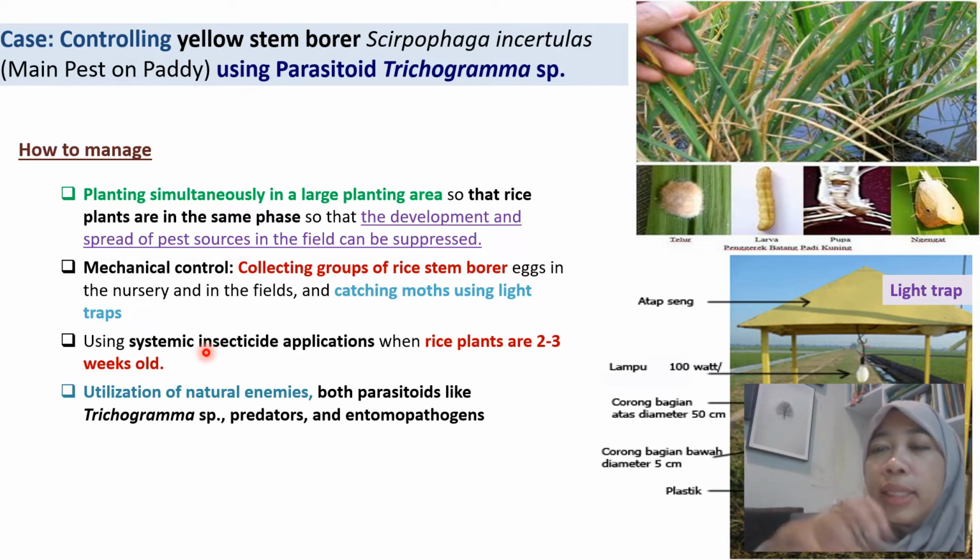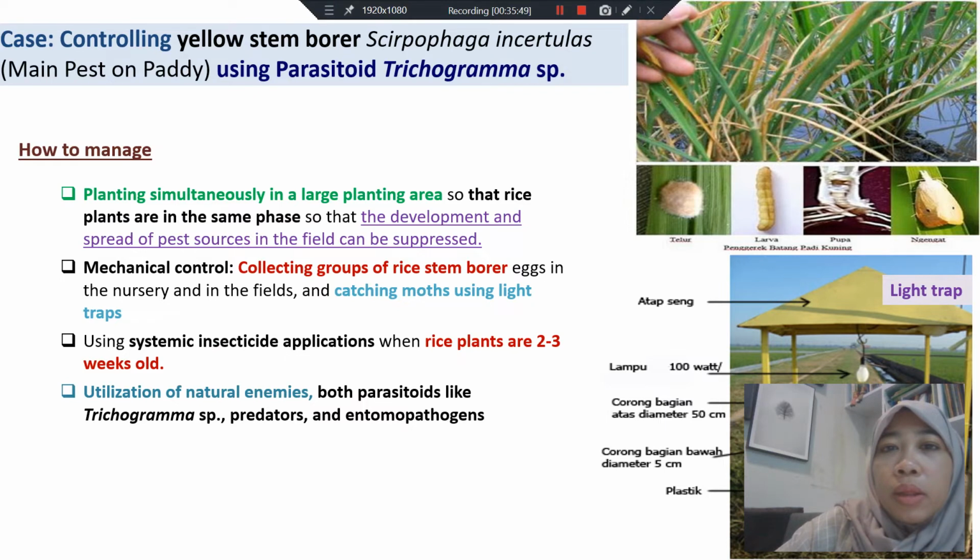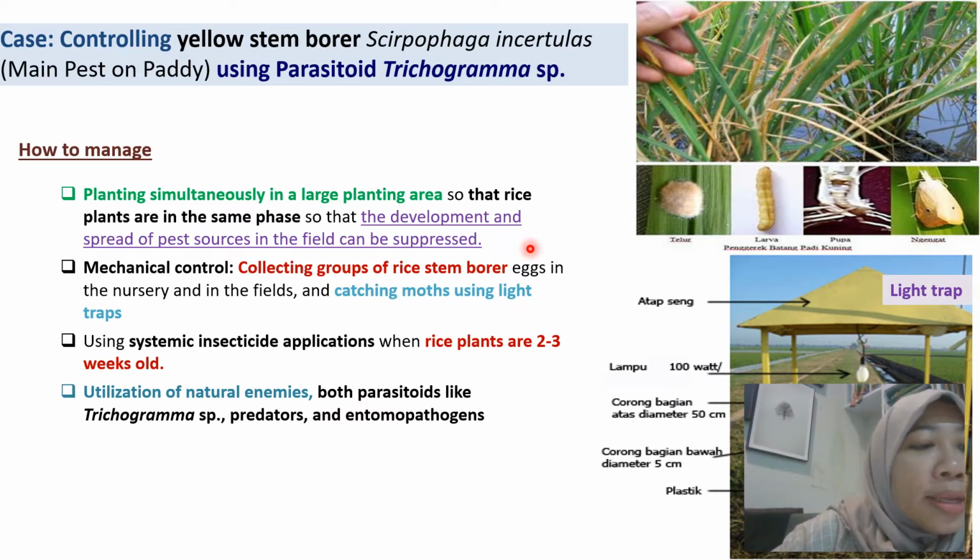The contact insecticide is hard to get to that pest, so we can use systemic insecticide. The systemic insecticide is absorbed and transported through the plant. So it's different from contact insecticide.